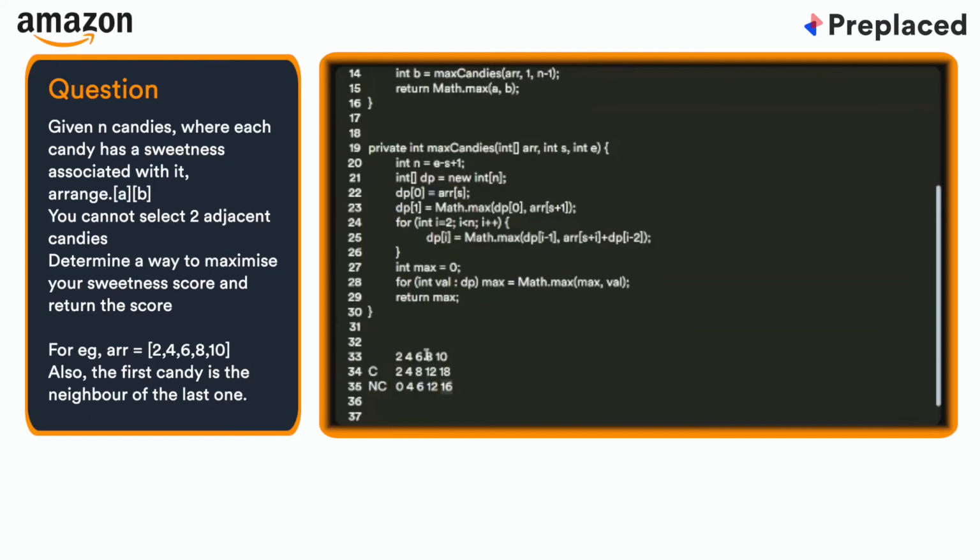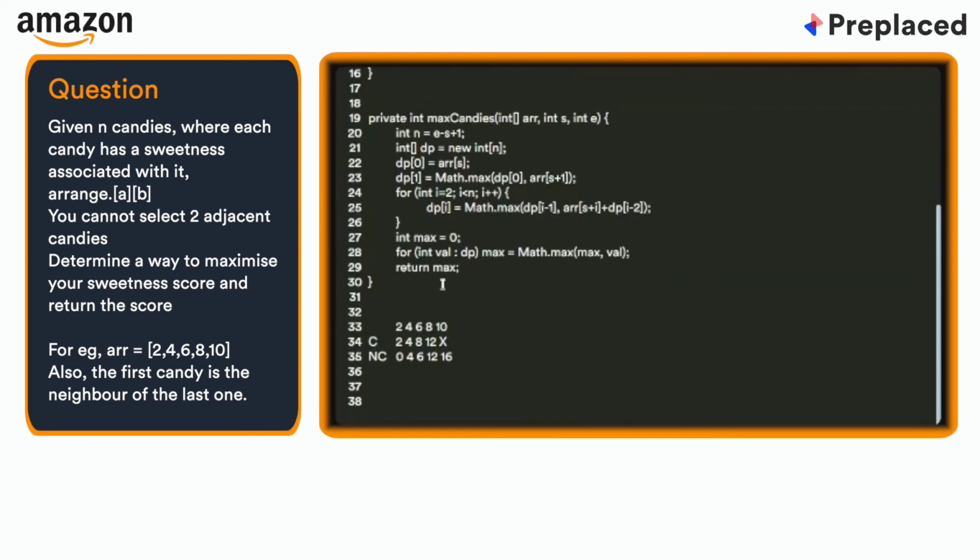So 12 comma 16, my answer will be 16. I cannot consider this 18 because it has considered my start as well as end. So 16 comma 20. The answer is 16.